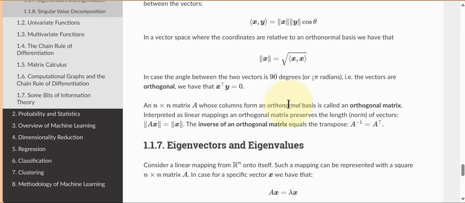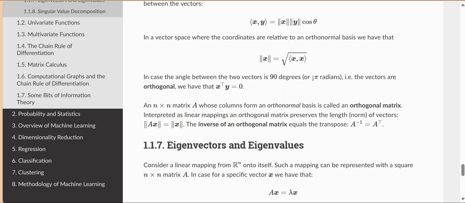If the columns are not only orthogonal, but they're all of unit length, and we know what we mean by length here. This is what we mean by length. So if you take a column and it's of unit length, and if each of those columns is orthogonal to each of the other ones, then that matrix is called an orthogonal matrix.